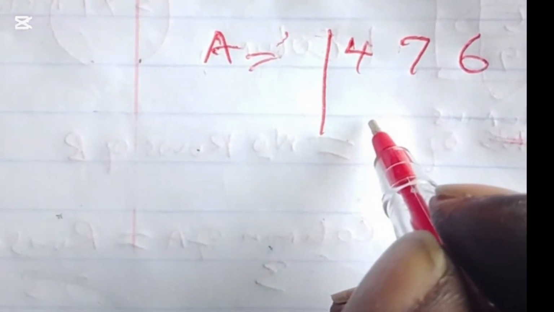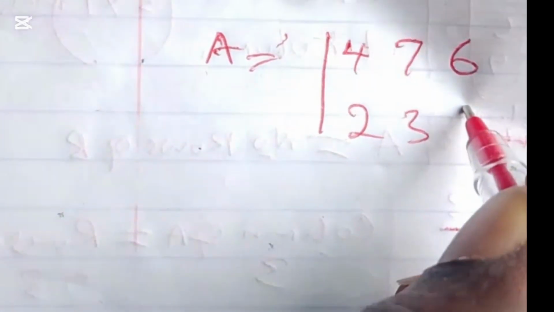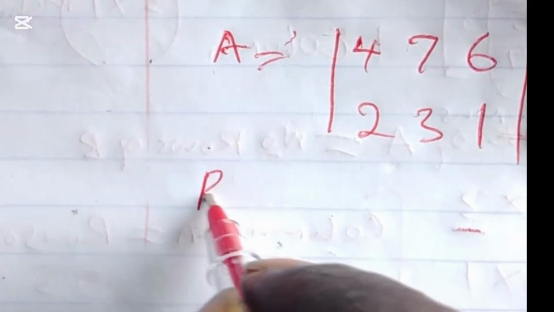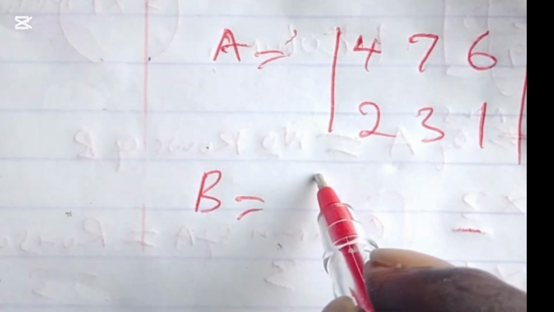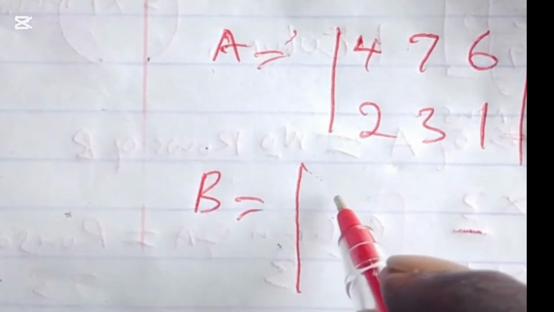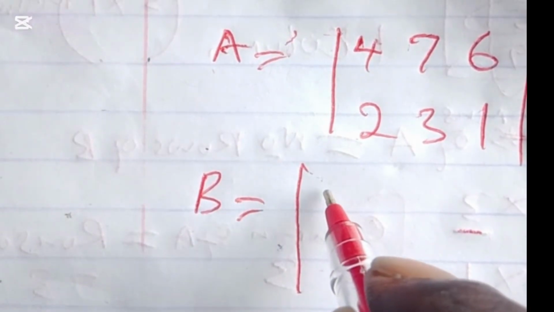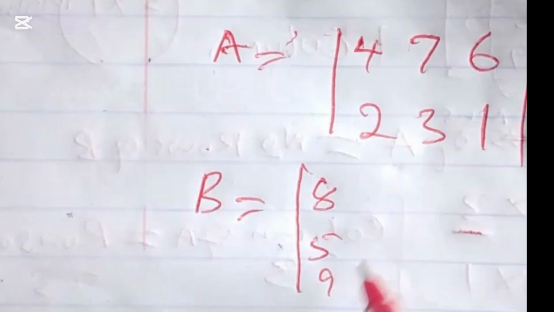Now, having confirmed that, we are ready to multiply. Remember, A is the matrix 4, 7, 6, and 2, 3, 1, and B is a column matrix, 8, 5, 9.